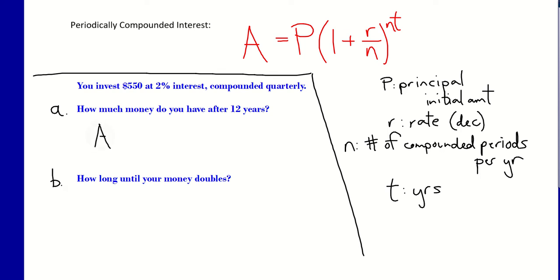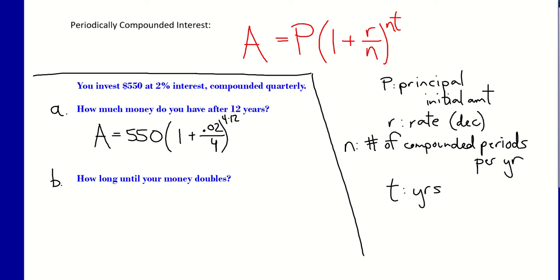I'd have your end amount equals 550, which is your principal, times 1 plus 2% expressed as a decimal, which would be 0.02. And if I'm compounding quarterly, then n is 4. So that would be 0.02 over 4 to the n times t power. So 4 is n and t is 12.